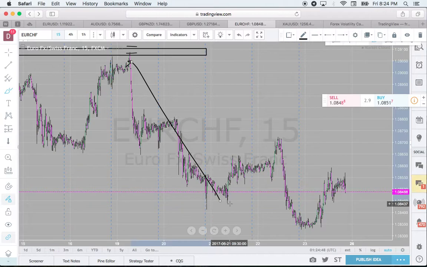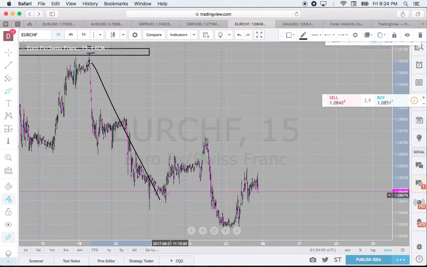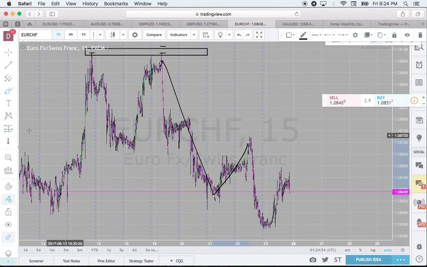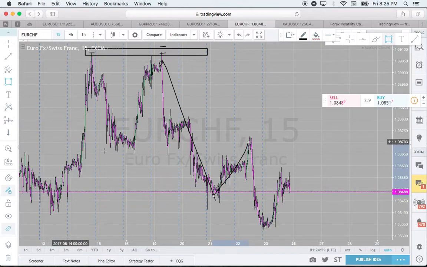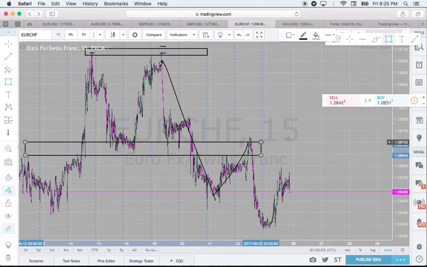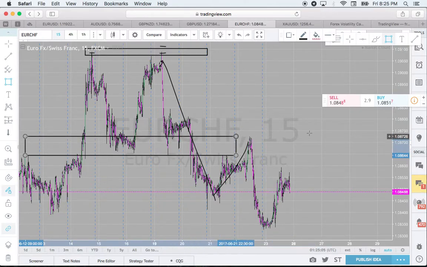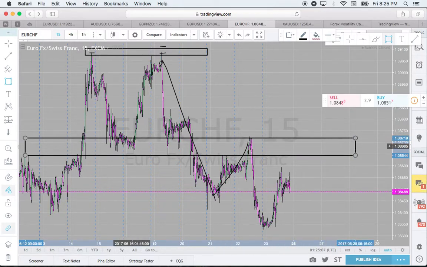Instant profit for 3 days. What happens? The trend comes back up looking for liquidity. The dealer comes back up fishing for liquidity, and what does he find? He taps into a zone here. And I drew this out for the pro members.